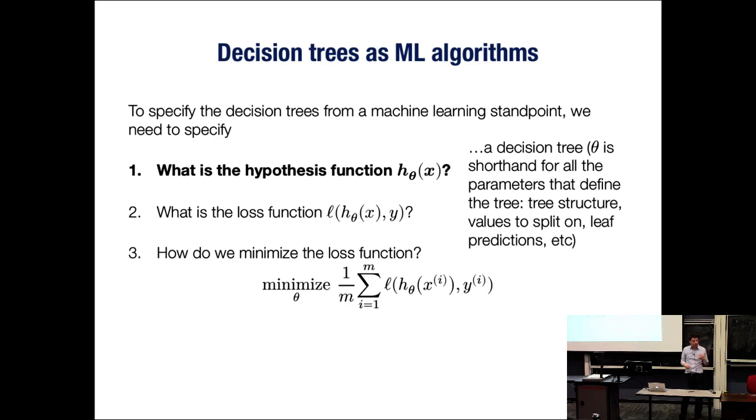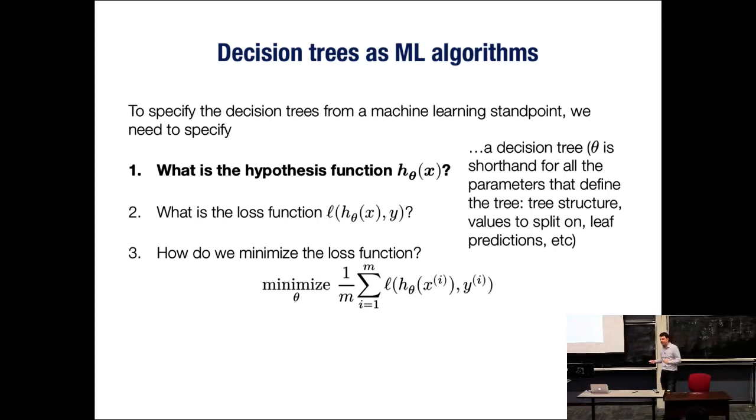And again, I'm going to use theta here as kind of shorthand for all the parameters of that tree. So that includes things like the nodes that you branch on, the structure of the tree, the predictions of the leaf nodes. All that is kind of being wrapped up in theta. I could define theta 1 equals the index of the variable you first split on, and theta 2 is the comparison point, and then you do some sort of ordering of the nodes hierarchically.